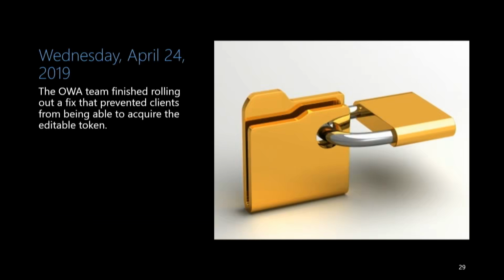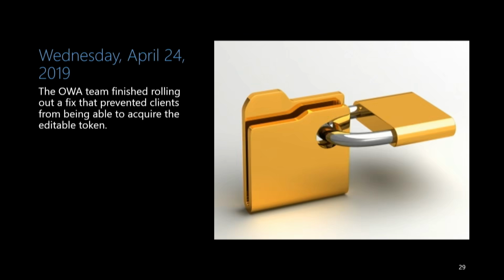In the backend and in parallel, the OWA team was also working on a full fix so that when we enable Get Access Token for API, the client could not get a partially signed token and instead gets fully signed user permission tokens.